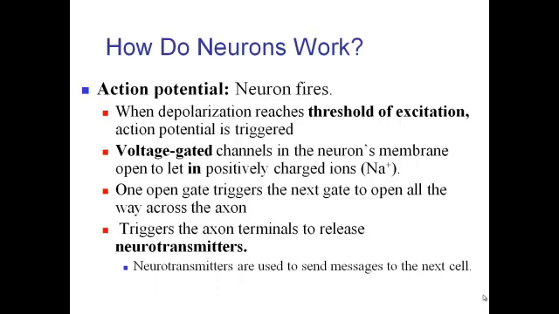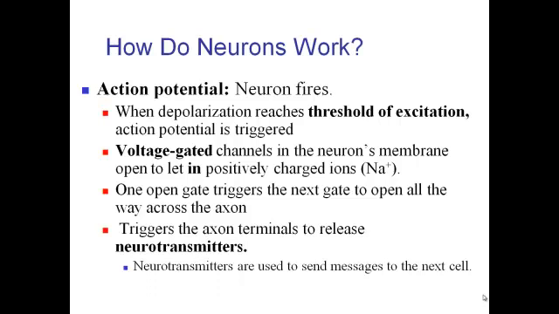And what's happening during the action potential is that what are called voltage-gated channels in the membrane open up to let in those positively charged sodium ions. And these sodium ions come in through one channel. When they come in through one channel, it triggers the next gate to open, and then the next one, and then the next one, like a domino effect, all the way across the axon.